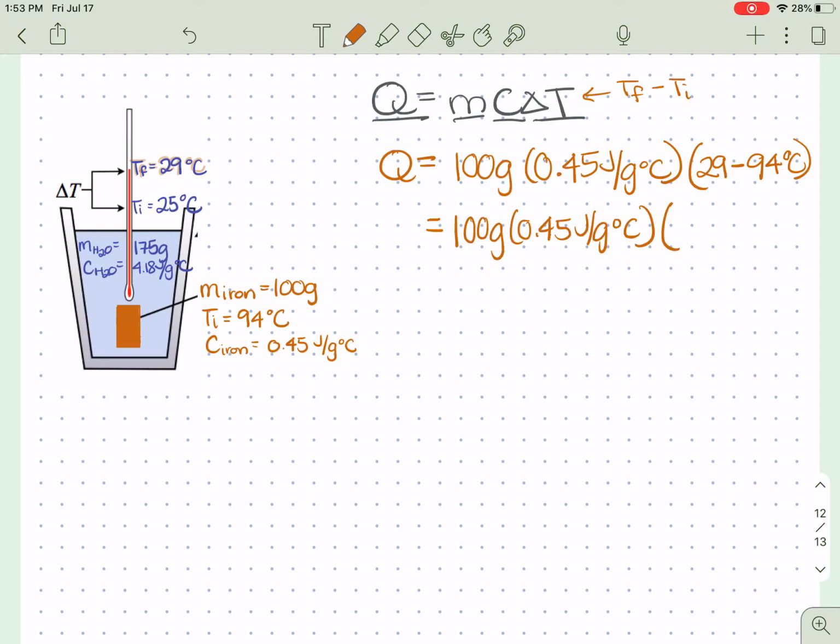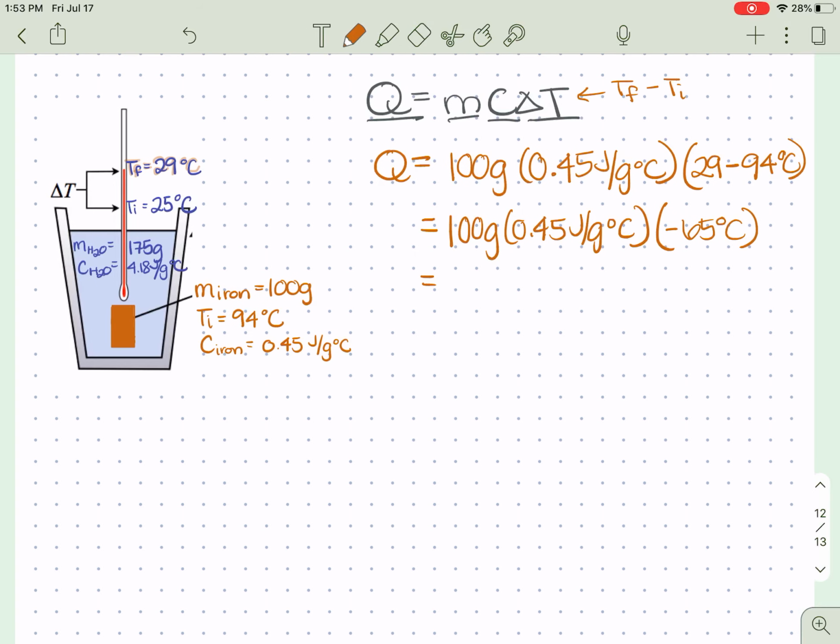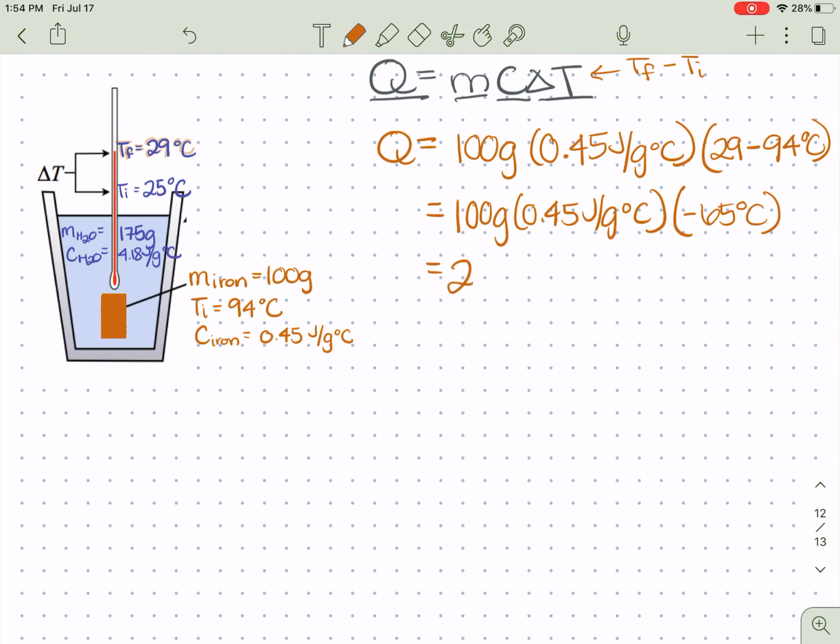So it's always good to just check yourself with a calculator. I have 29 minus 94, which is negative 65 degrees Celsius. Then let's multiply these all together, and using your calculator, you will get the number 2,925.